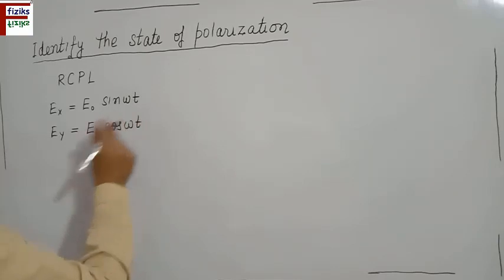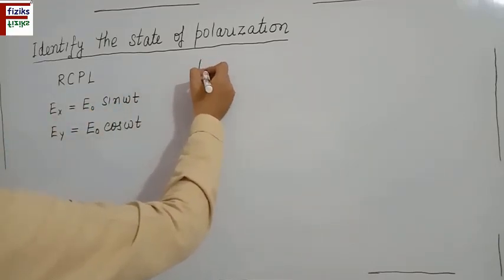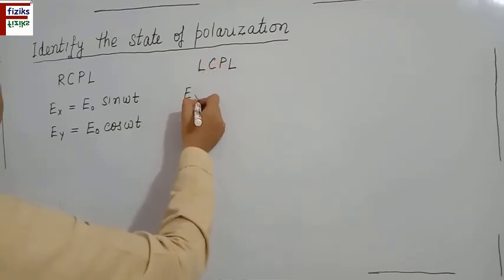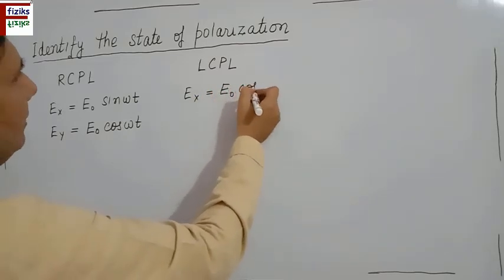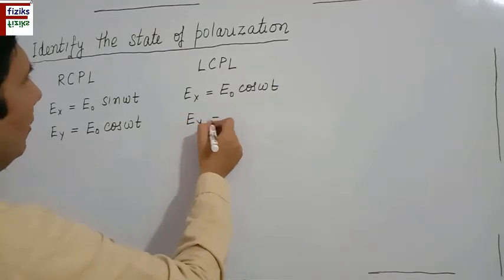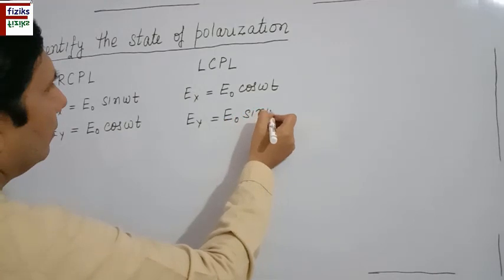You can take this example for right circularly polarized light. Similarly, for left circularly polarized light, you can take EX equal to E naught cos omega t, and the EY component will be E naught sine omega t.